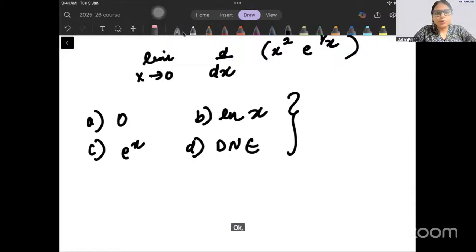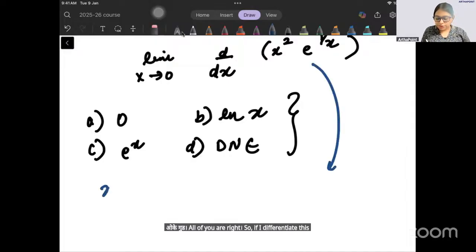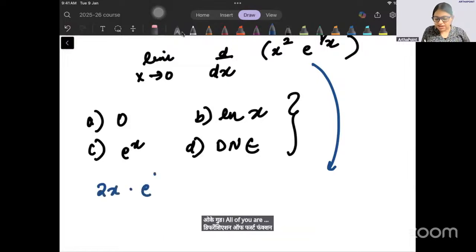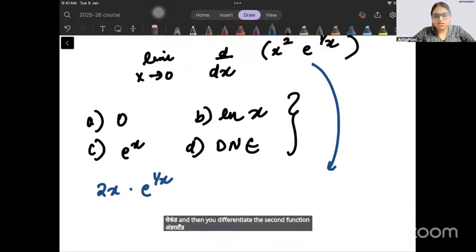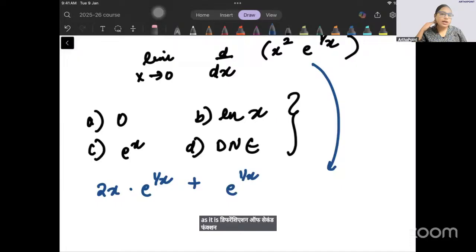Okay, good. All of you are right. If I differentiate this, differentiation of the first function, second as it is, and then you differentiate the second function and hold the first as it is. Differentiation of the second function, use chain rule.